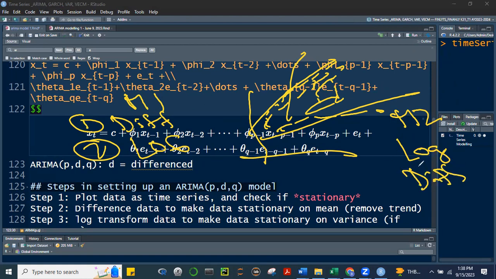Okay, so kindly chat, please. What do you think is the appropriate procedure? Do you get the difference and then get the log, or you get the log and then the difference? Kindly chat in the chat box. M2 for Jerome. How about the others, class?